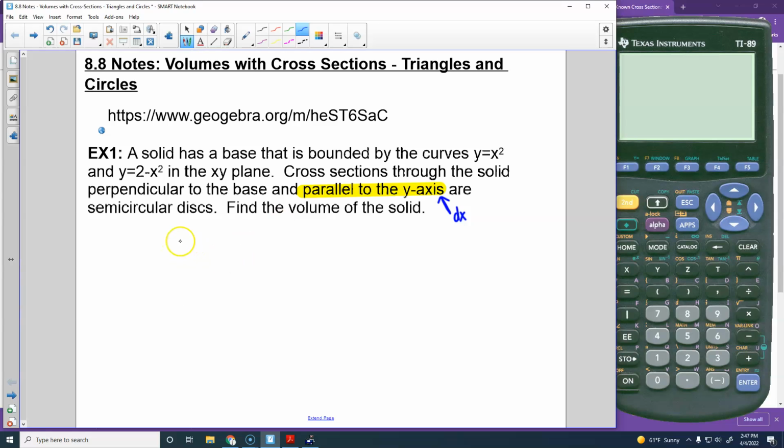The cross section can be a semicircle either way. But since they don't tell you first quadrant, you want to think about this graph. If I graph 2 minus x squared, it's going to be upside down and look like this.